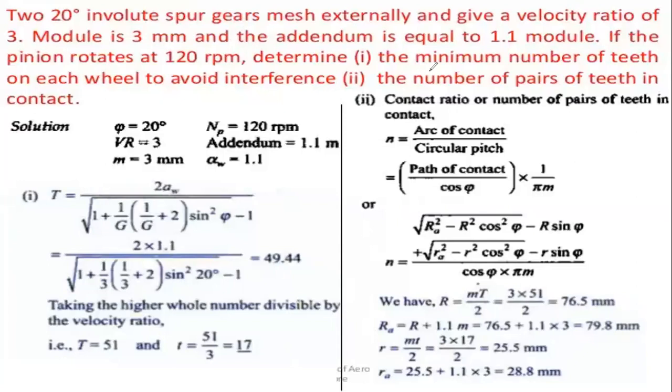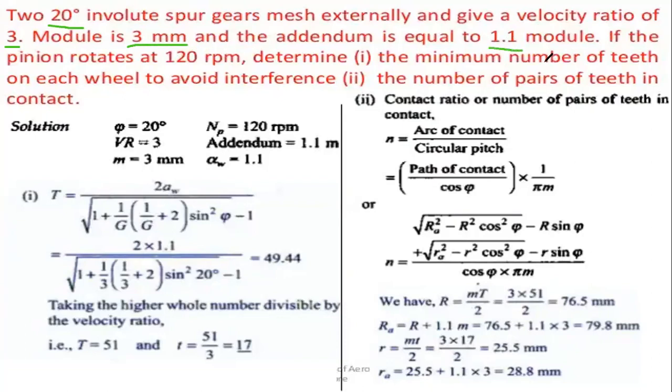Two 20 degree involute spur gears mesh externally and give a velocity ratio of 3. They have given the angle phi as 20 degrees and the velocity ratio as 3. Then the module is 3 mm and the addendum is equal to 1.1 module.